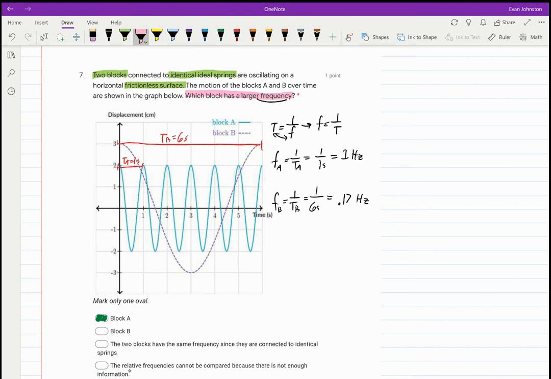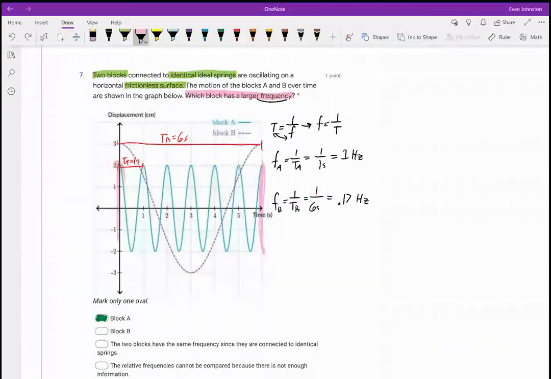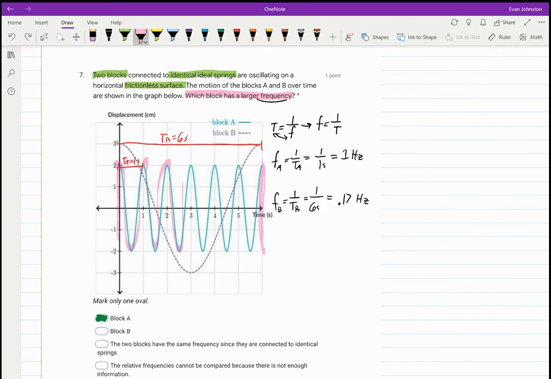Well, you could have said, let's just look from 1 second to 6 seconds. Well, this one has 1 cycle. So its frequency is just 1 cycle in 6 seconds. So it's 1/6. That's what we just got here. And you look at this one, and we have 1, 2, 3, 4, 5, 6. Oh, well, obviously that one did 6 in 6 seconds.